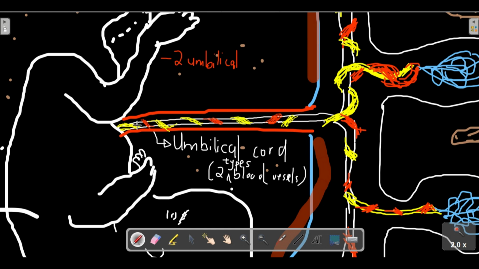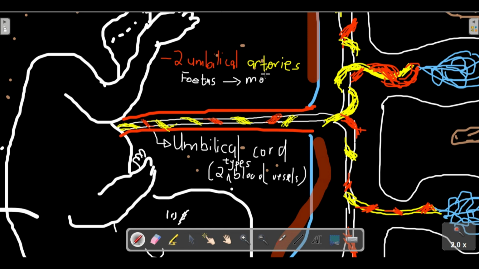Two of them, and they are surrounding one other type of blood vessel. These umbilical arteries have the function of transporting substances from the fetus to the mother.